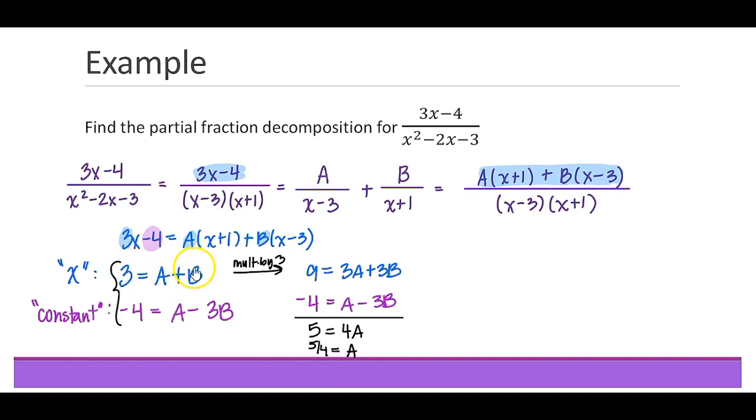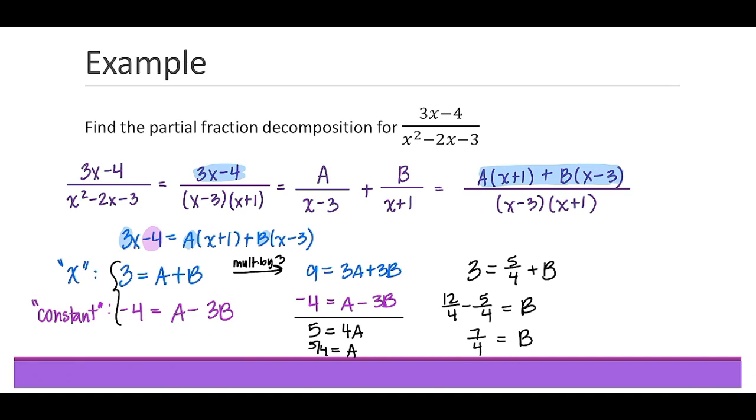So I'm going to substitute 5 over 4 into 3 equals a plus b, that original equation. So I'll have 3 is equal to 5 over 4 plus b, and I'm going to solve for b. I'm going to rewrite 3 as 12 over 4, minus 5 over 4 is equal to b. So b is 7 over 4.